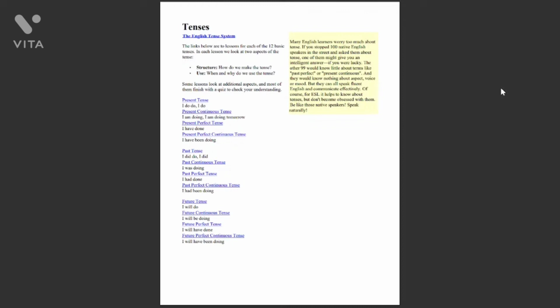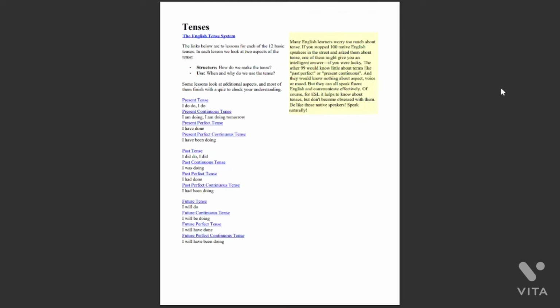Present perfect continuous tense is like I have been doing. Okay, these are the variations for the present tense.